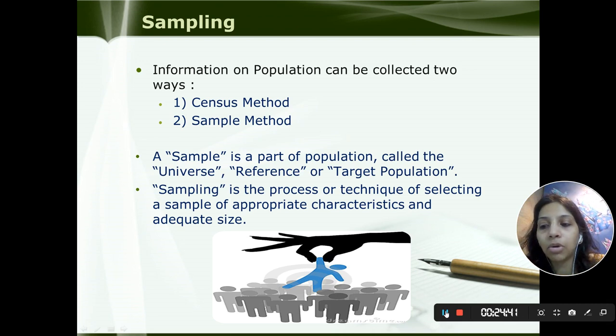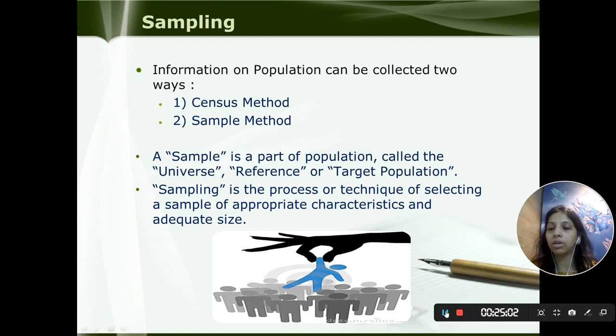Like we can take a similar example of knowing, say, the anxiety levels in UG students or BDS students. Suppose you take the example of Maharashtra, you want to know the stress levels in dental students across Maharashtra. There will be thousands of students which you cannot involve.